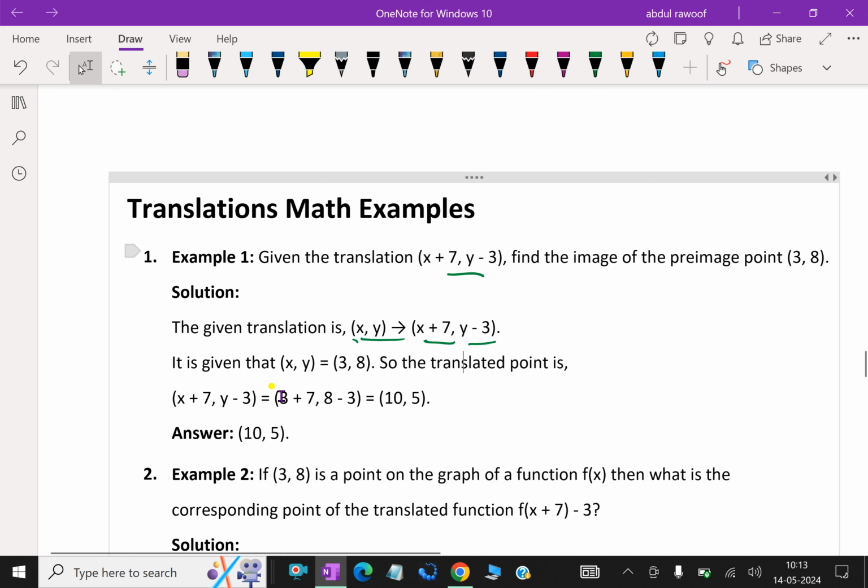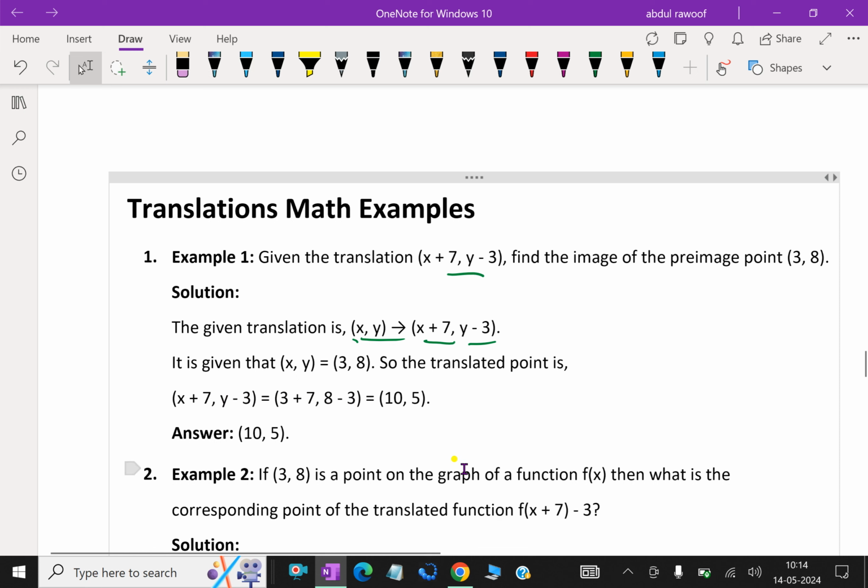It is given that (x, y) is (3, 8). So the translated point is x plus 7, y minus 3, where x is 3 plus 7 and y is 8 minus 3. So we got (10, 5).